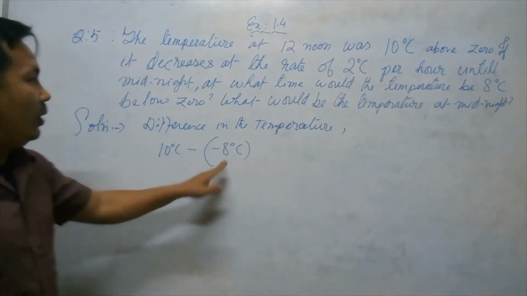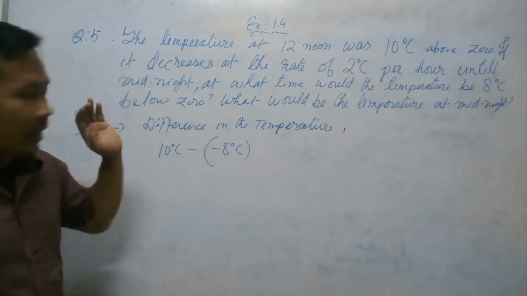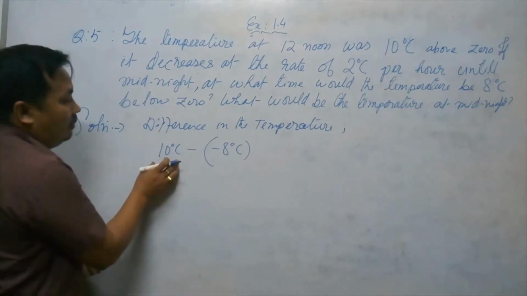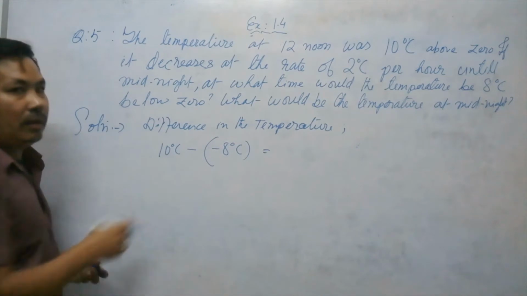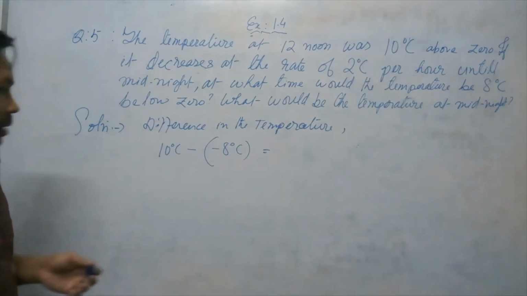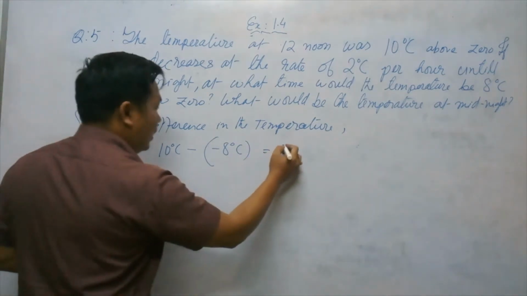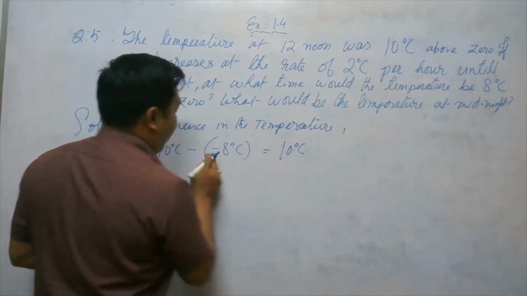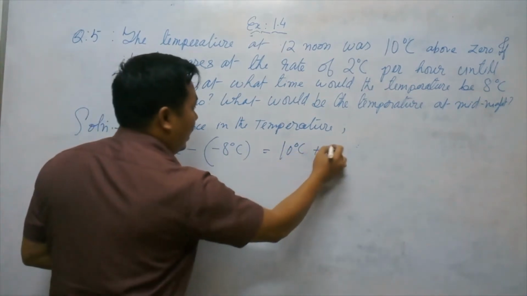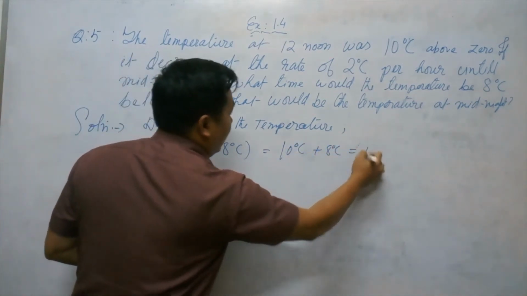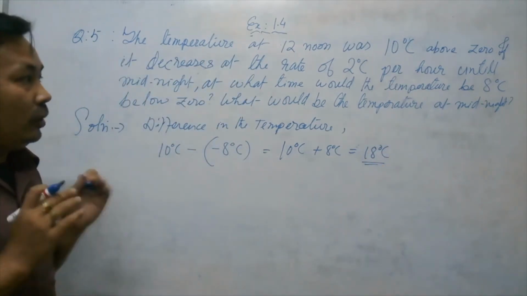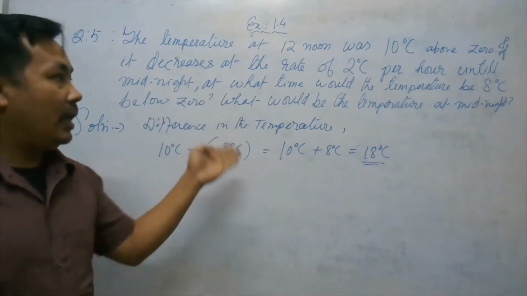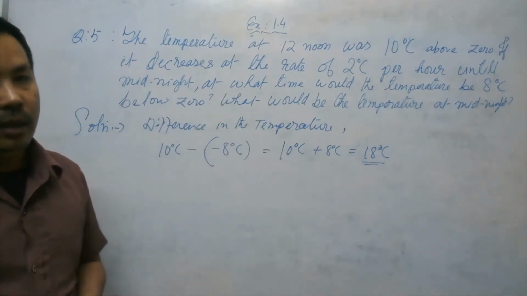Why do I take minus 8? Because it's below 0. And why do I take plus 10? Because it is above 0. So the difference will be 10 degrees Celsius plus 8 degrees Celsius. We get 18 degrees Celsius as the difference between the two temperatures, plus 10 and minus 8 degrees Celsius.